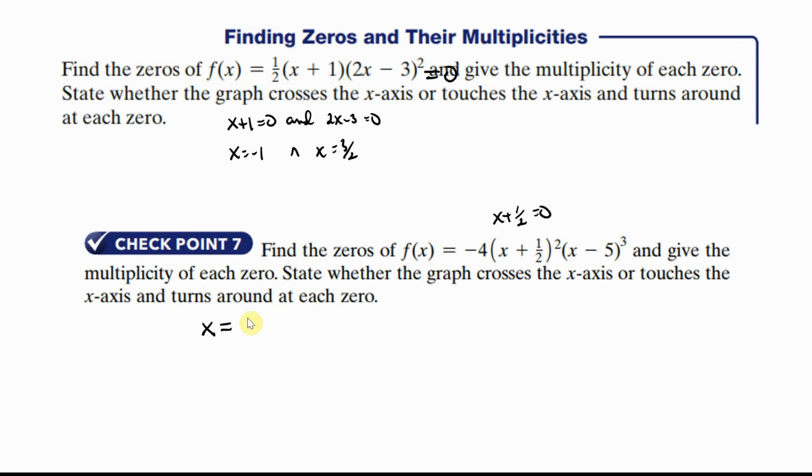So x is equal to -1/2. And it has multiplicity of what? Of 2, because of its power, right? Multiplicity of 2. And then what's the next 0, the x-intercept? x equal to 5. And it has multiplicity of what? 3.